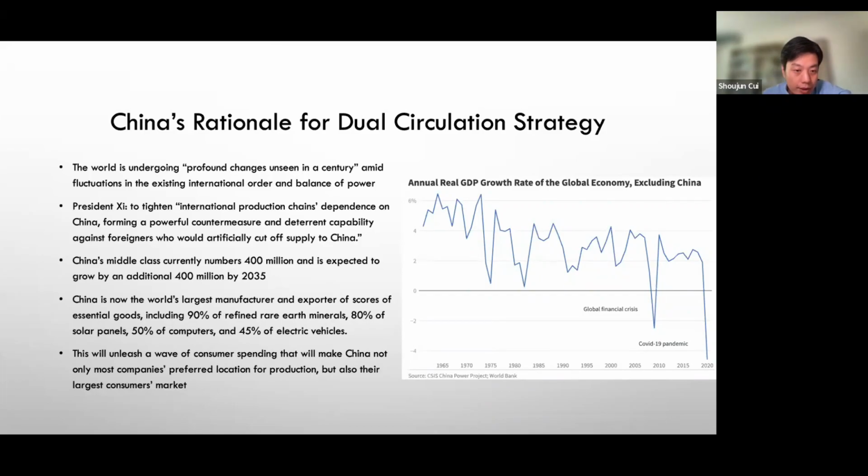This will unleash a wave of consumer spending that will make China not only the most preferred location for companies' production, but also the largest consumer market. Look at the graph here. That is the annual real GDP growth rate of the global economy, excluding China.